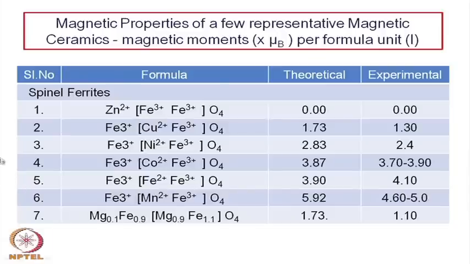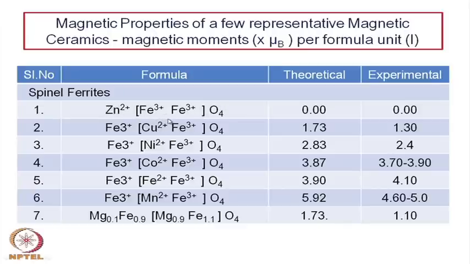Following that, there is a table which has been given here for different kinds of ferrites, different systems of ferrites. For example, this is zinc ferrite, and in fact, this is not an inverse spinel.